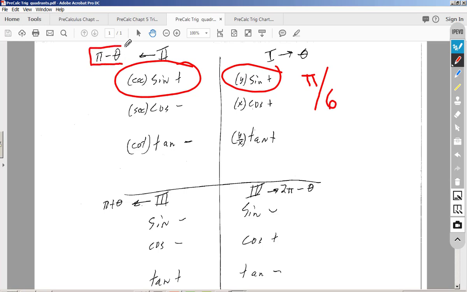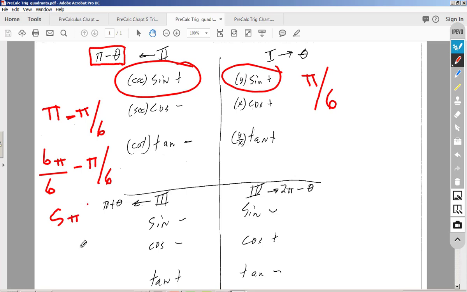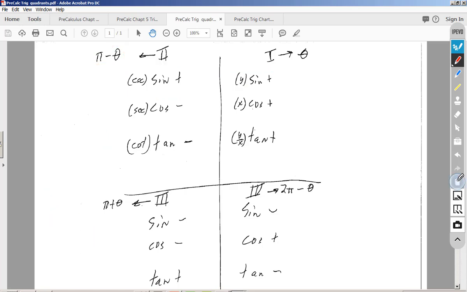Remember, for the second quadrant, I got to take pi minus that. So I take pi minus pi over 6 to get my second angle answer. So I got 6 pi over 6 minus pi over 6, which gives me my second answer of 5 pi over 6. So there's my second answer. So now going back to my review.